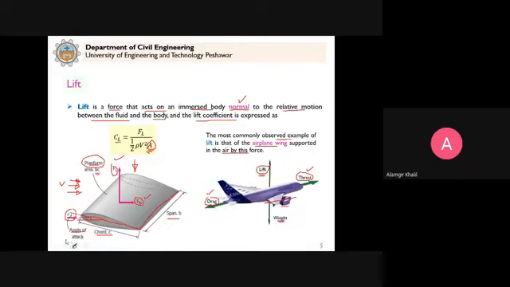What is the angle of attack? It is just the angle this chord makes with the horizontal axis, and this is a very important parameter in the design of these objects, as I will show you later on in this lecture.